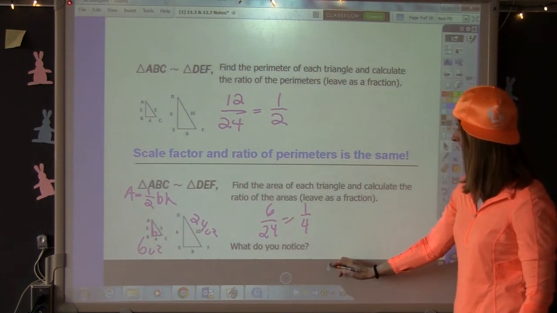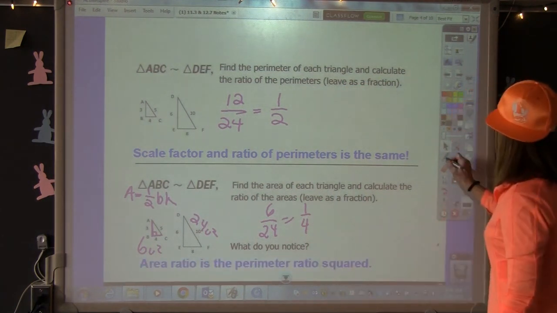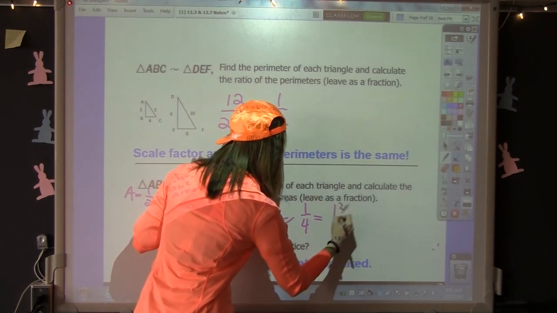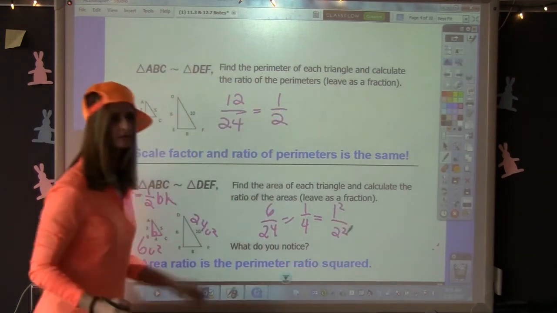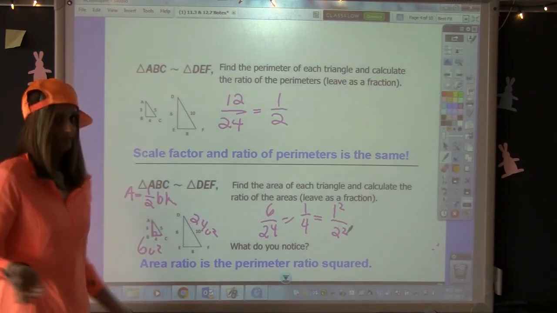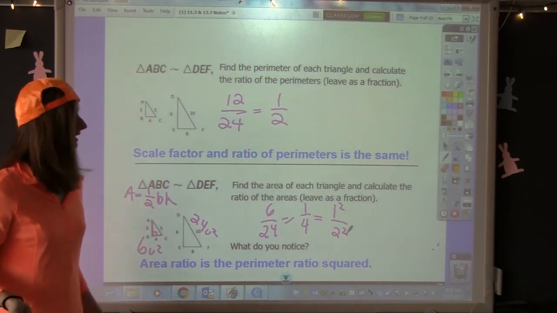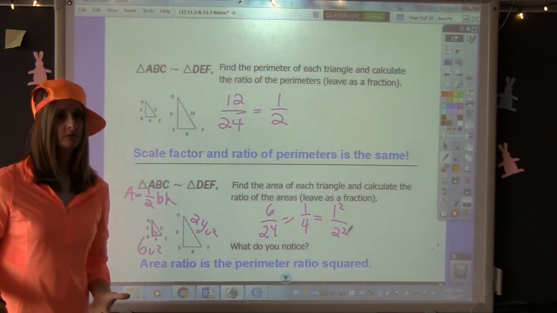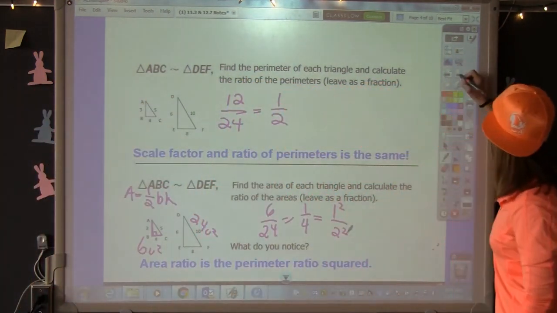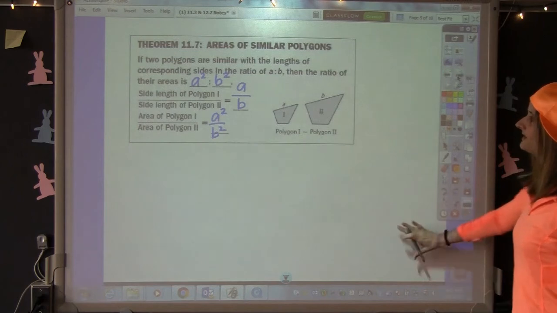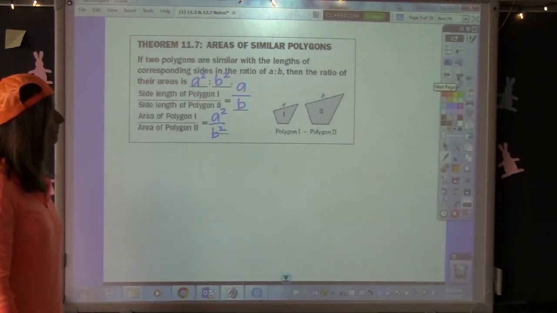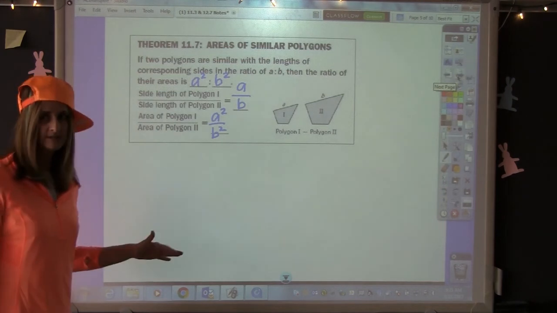And so therefore, the area ratio is the perimeter ratio squared, or the scale factor squared. That's it, okay? The volume ratio is just cubed. So what we just learned here, this is how it's written in the book. This is just summing up what we just did.